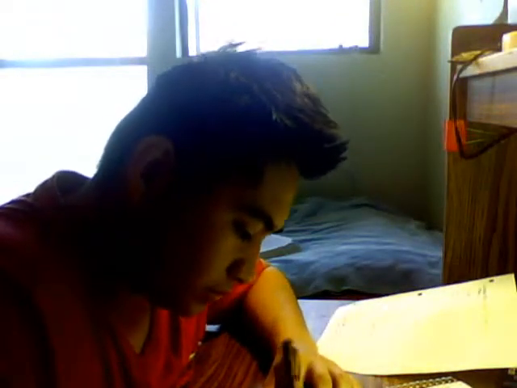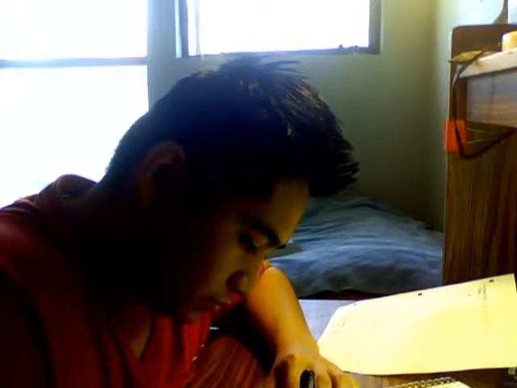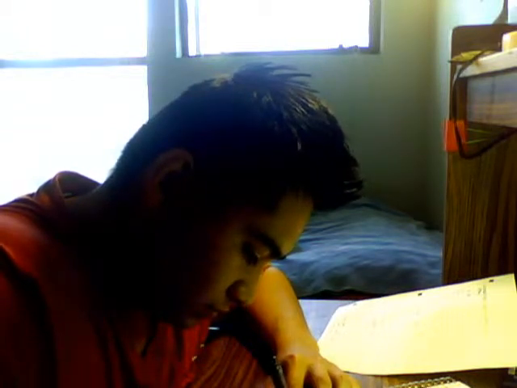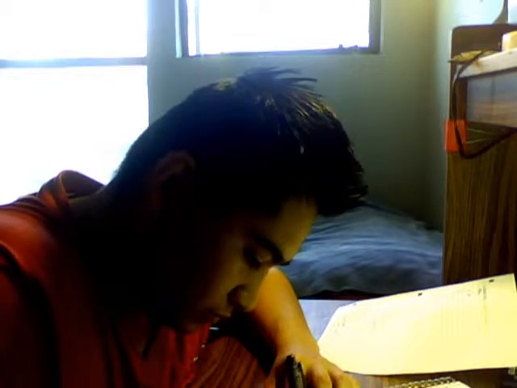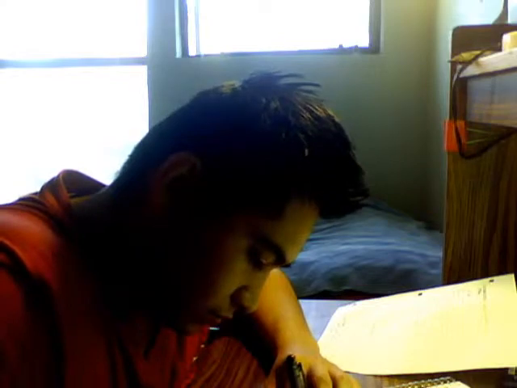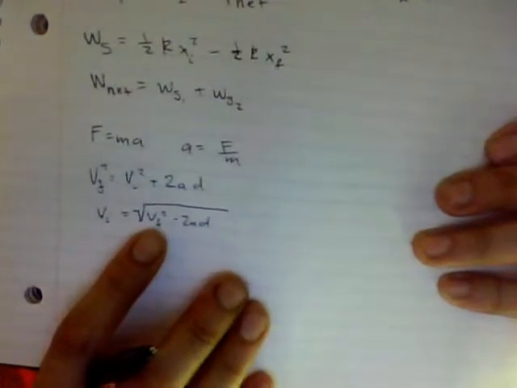Excuse me, your initial velocity. So your initial velocity should just be this: vi equals the square root of vf squared minus 2ad.